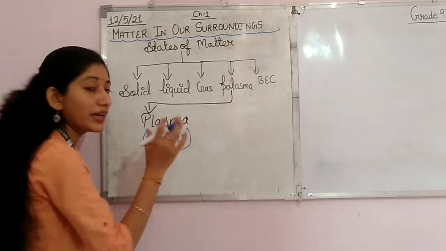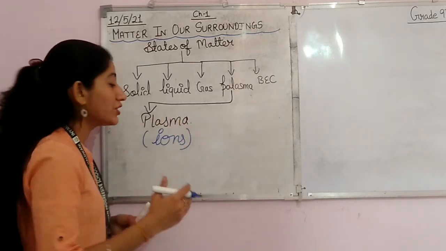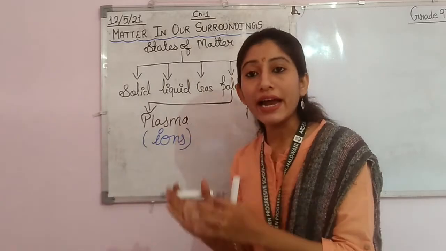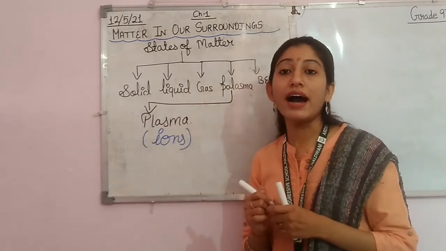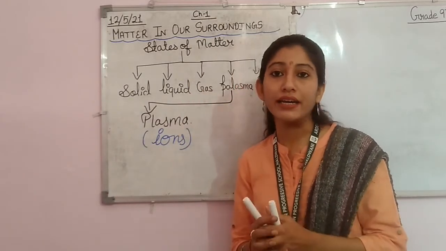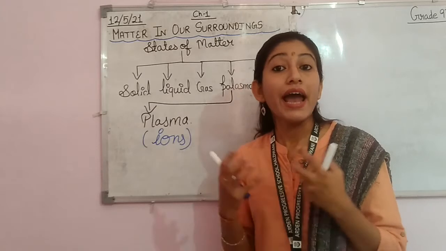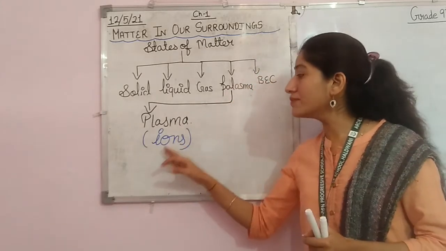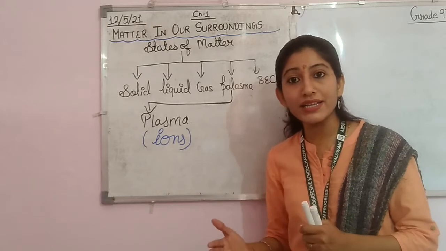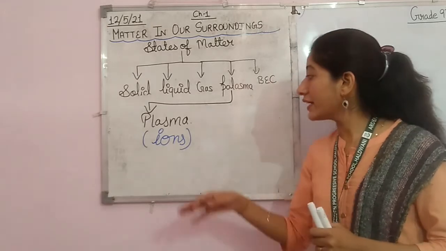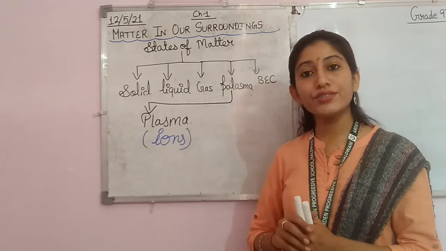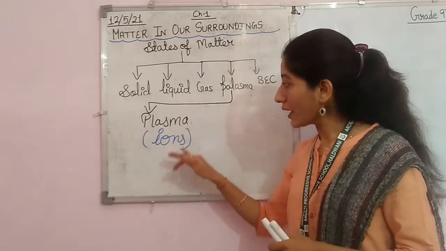The gas, when heated the most, becomes ionized, and the ions are super excited, super energetic. That state where the gas becomes super ionized, super excited, overheated, then changes into plasma.